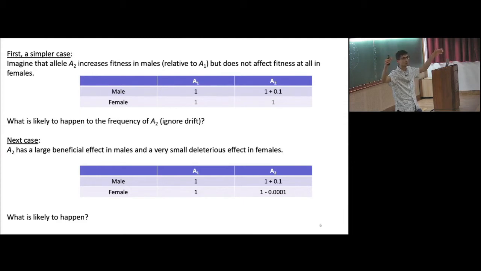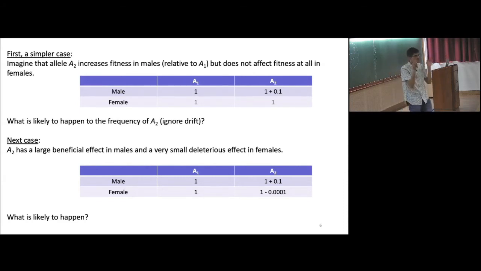You would probably intuitively guess that, well, if it had a large advantage in one environment and only a small disadvantage in the other, and that allele is going to find itself about half the time in one environment, half the time in the other, you're just going to average across the two and go, oh, well, on average, it's a good thing to have, right?